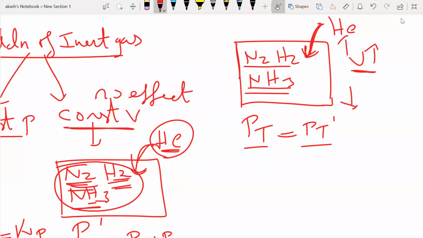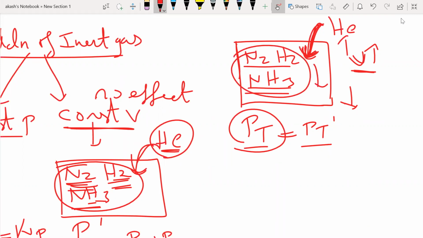Now when I add this, you are adding one more gas also, so just to accommodate this gas the volume is increasing. So the partial pressure of all these components will decrease. The Kp value will actually depend on the powers and so on, but eventually I can say that the partial pressure of this and this will decrease because there is increase in volume. That's all I can say.